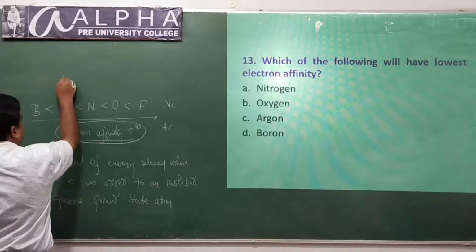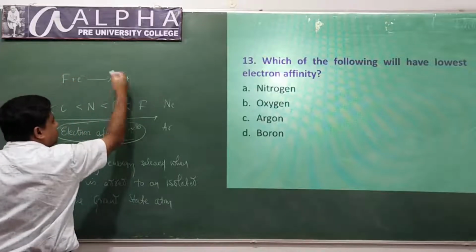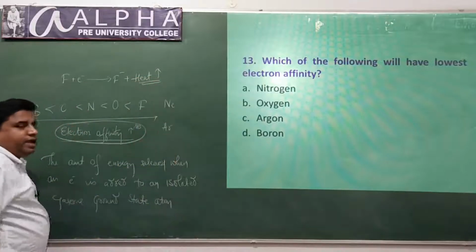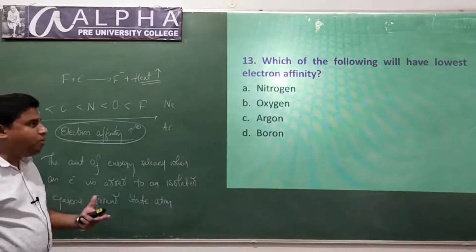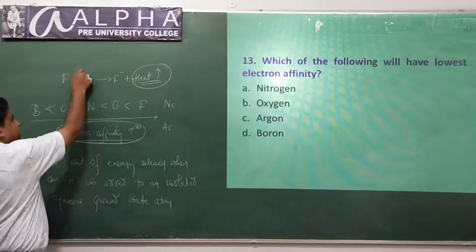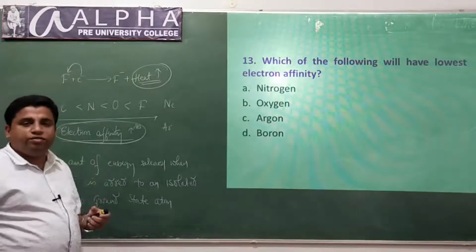For example, for fluorine, if I add one electron, it forms fluoride ion, along with which heat energy is liberated. The amount of energy that is released when an electron is added to an isolated gaseous ground state atom is called electron affinity.